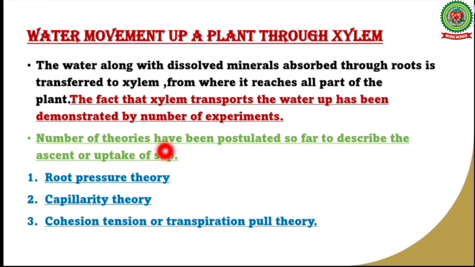A number of theories have been postulated so far to describe the ascent or uptake of sap. These are root pressure theory, capillarity theory, cohesion tension or transpiration pull theory. One by one we will be discussing.